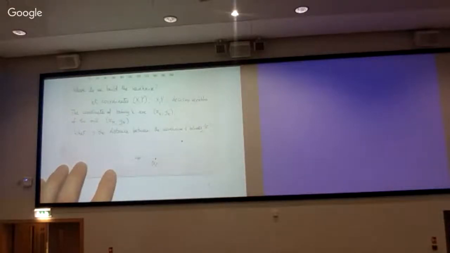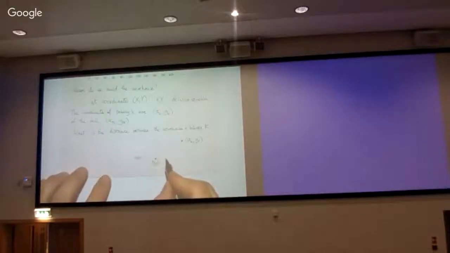I have this bakery, and its coordinates are xk, yk. What is the distance of these 2 points? Square root of xk minus x squared plus yk minus y squared. So Pythagoras. Do you agree? Excellent.